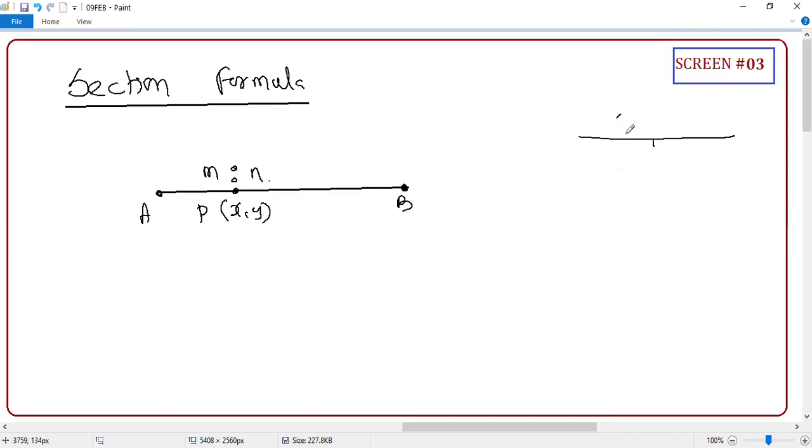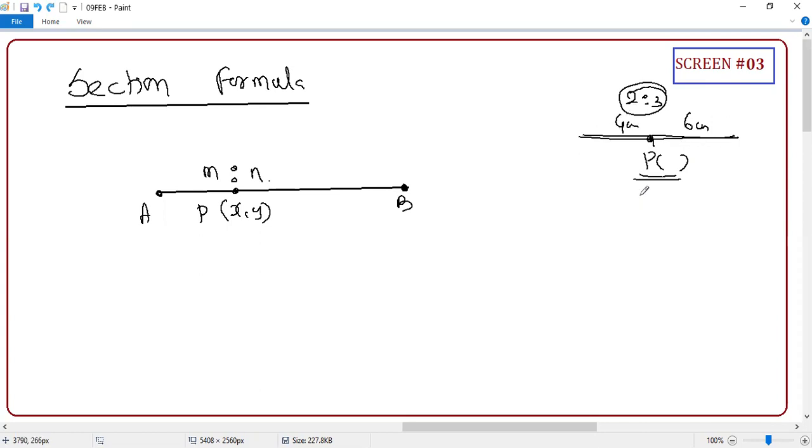If it is 4 centimeter here, it means 6 centimeter here. You need to find a point which divides the line segment in a 2:3 ratio. What is the meaning of that, student? 2:3 means if it is 5 centimeter, then this side 2, that side 3. If it is 10 centimeter, this side 4 and this side 6.